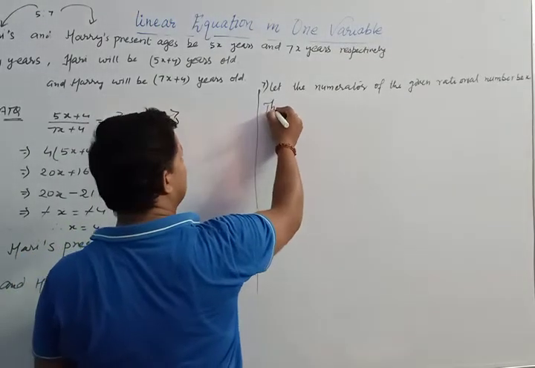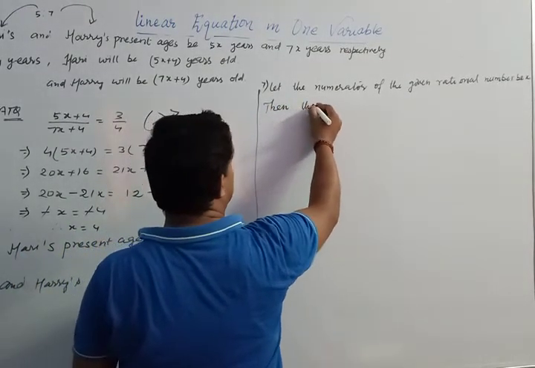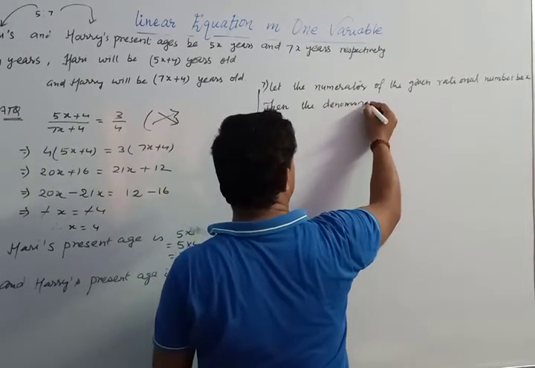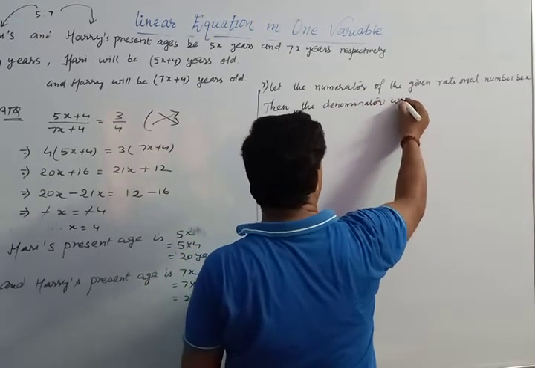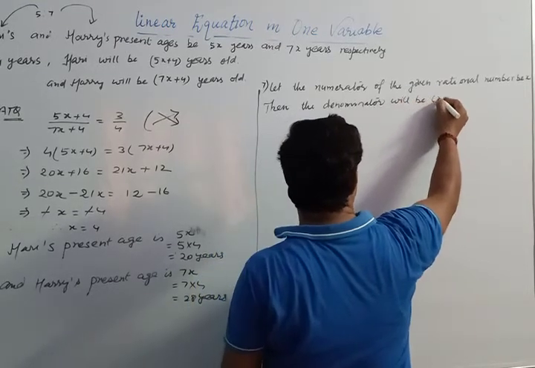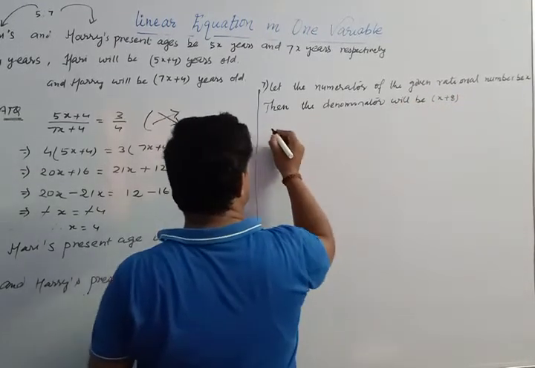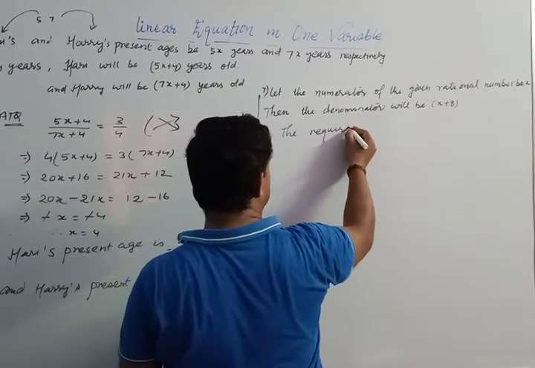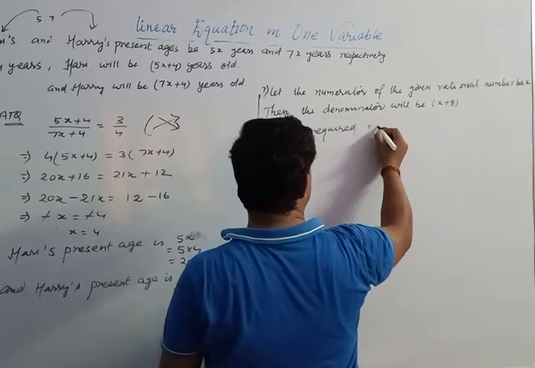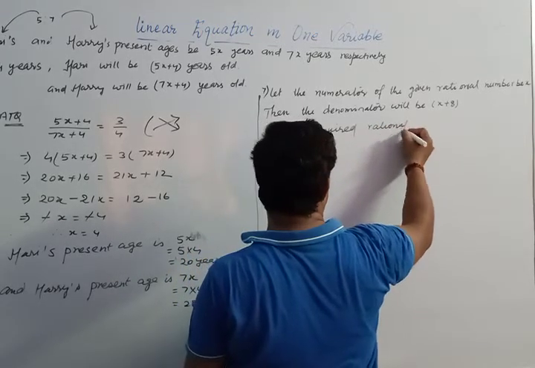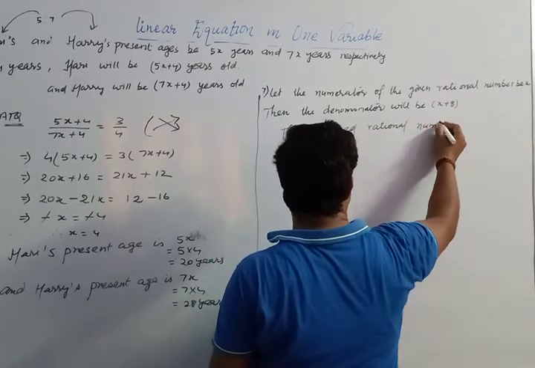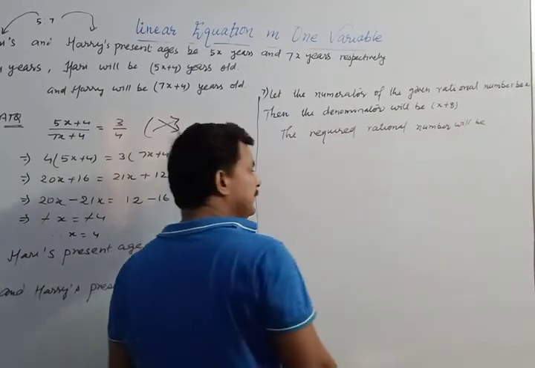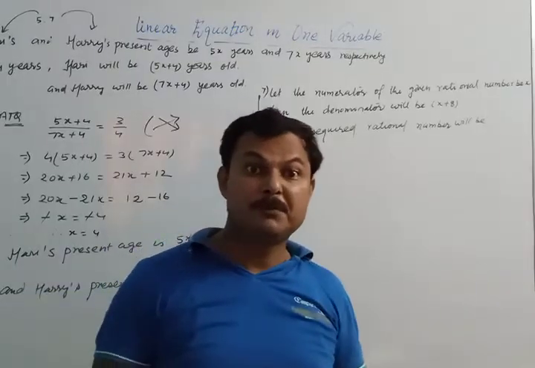Then the denominator will be x plus 8. Therefore, the required rational number will be, and if you studied the first chapter, a rational number is in the form of p by q.